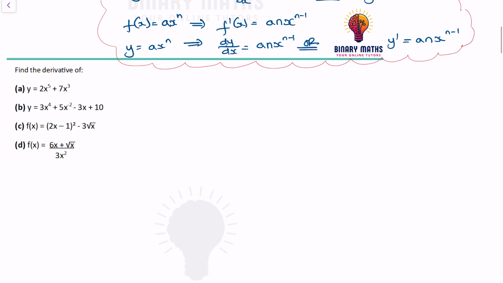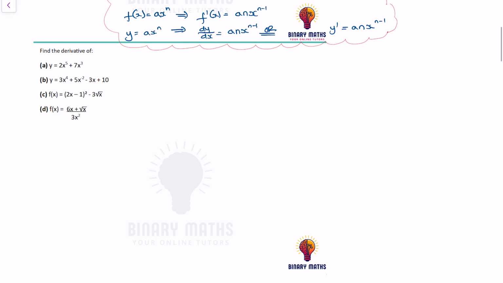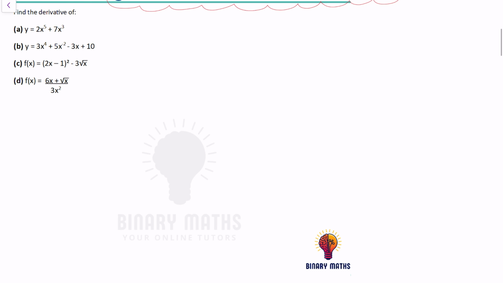Okay, let's look at some examples. A: y is equal to 2x to the power of 5 plus 7x to the power of 3. Because it's y is equal to, that means we're writing the derivative as dy dx. So the 2 stays there. The power 5 comes down to be the coefficient.